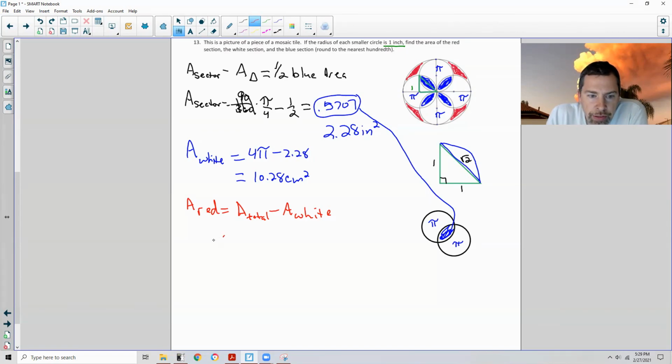So the area of the big circle is pi r squared minus the area of the white, which was 10.28 centimeters squared. I brought this down here. The area of this big circle is pi r squared. And the radius is 2 because this piece was 1. The radius of the little circle is 1. So the radius of the big circle is 2. So that would be 4 pi minus 10.28.